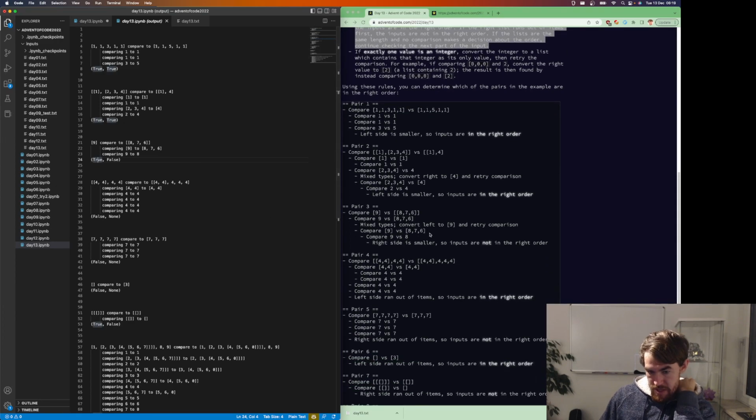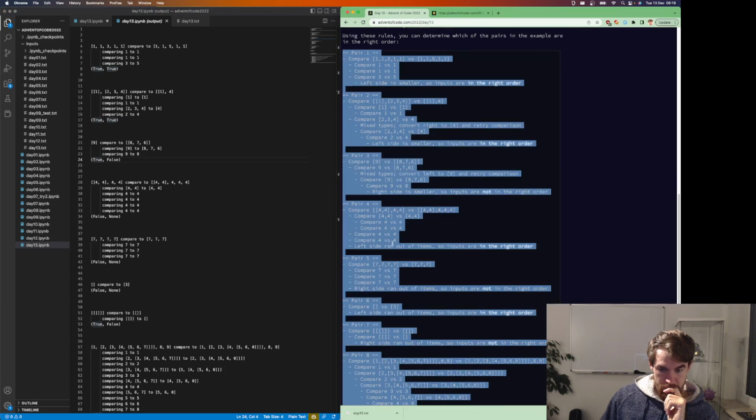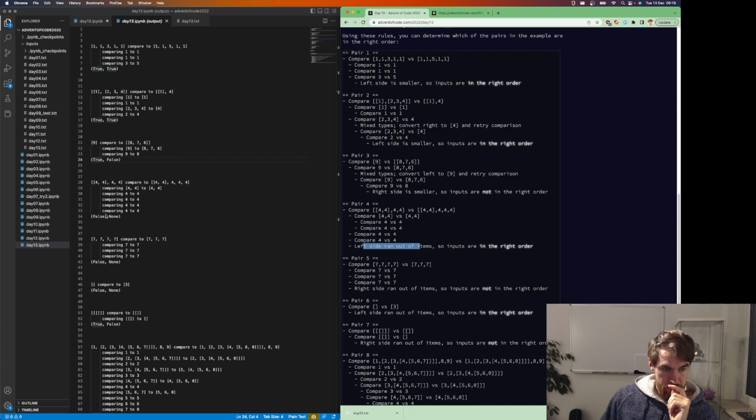We compare 9 versus 8, right side is smaller, we can make a decision, inputs are not in the right order. Here in this case we compare 4, 4, 4, 4. The left side ran out of items, so the inputs are in the right order. And that is not what we have here.